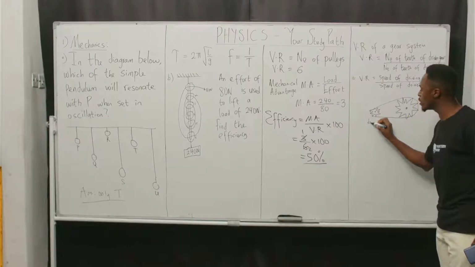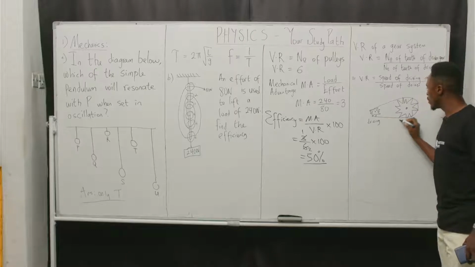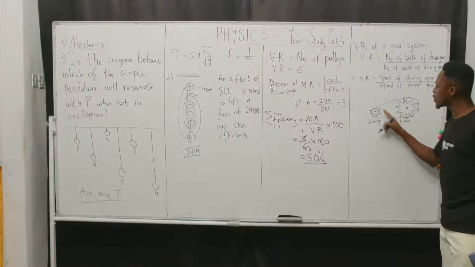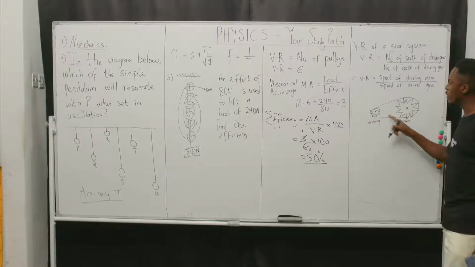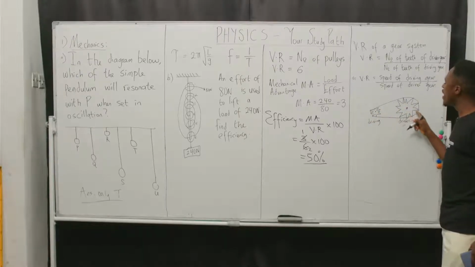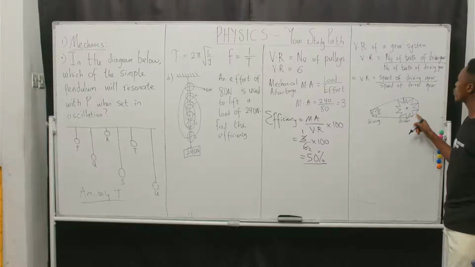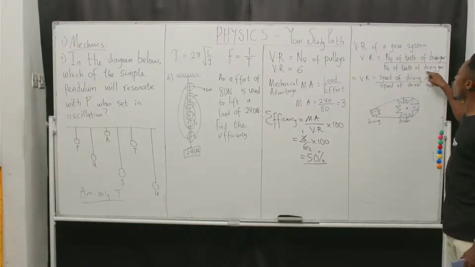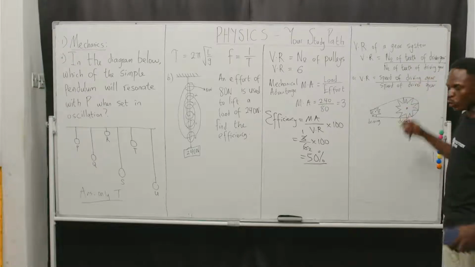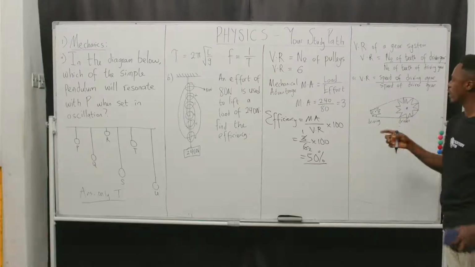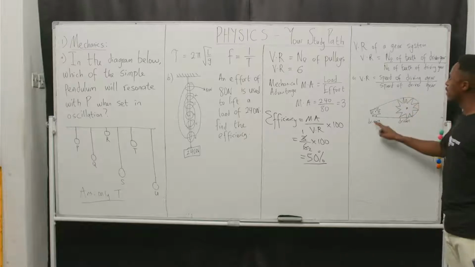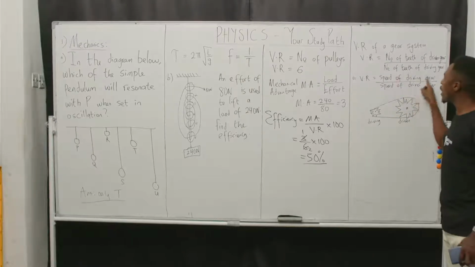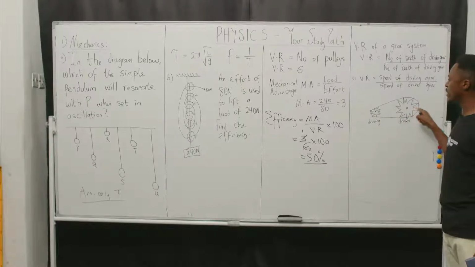The smaller one is the driving, the bigger one is the driven. So as such, the smaller one is driving the bigger one. It's going to have a lesser number of teeth compared to the driven one. That's why we have the number of teeth of the driven on top of the driving. Note the bigger value on top of the smaller value. But with regards to the speed, the smaller one is faster than the bigger one. The driving gear has more speed than the driven gear.